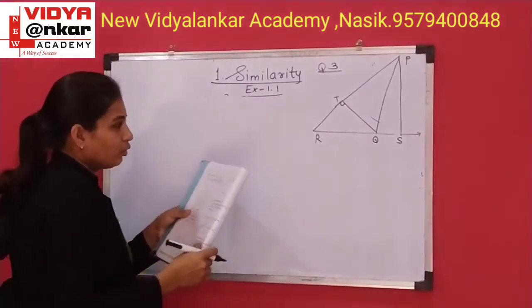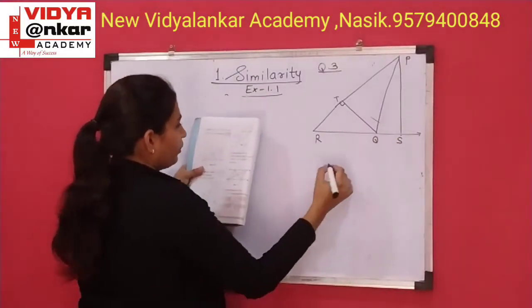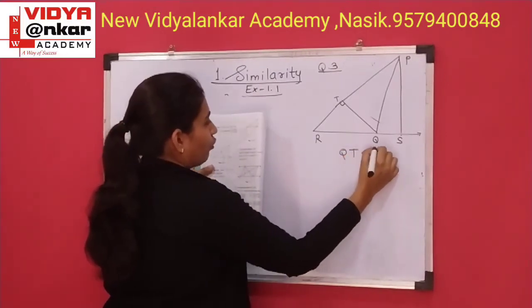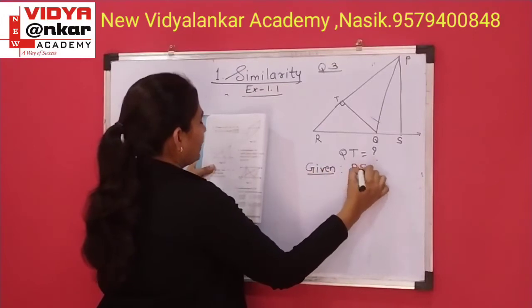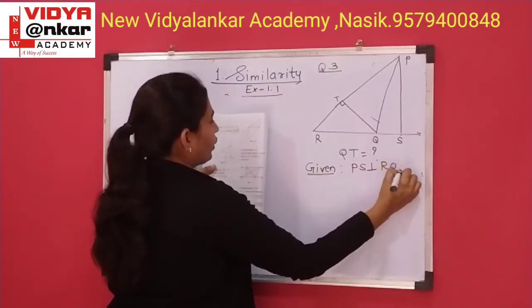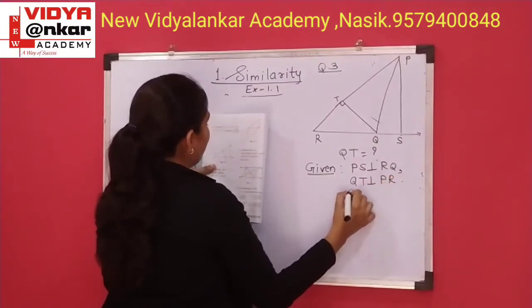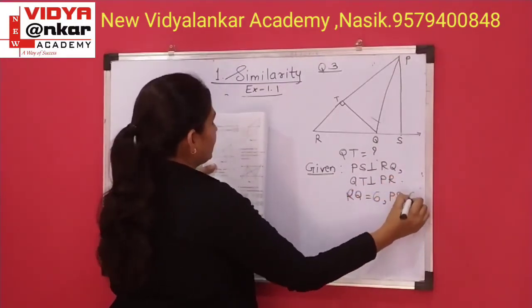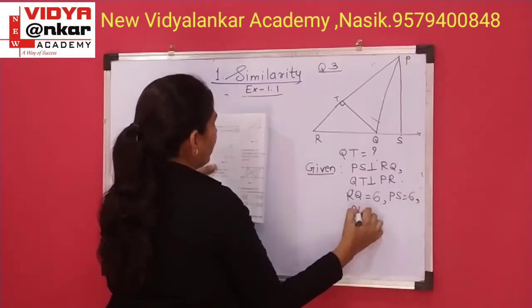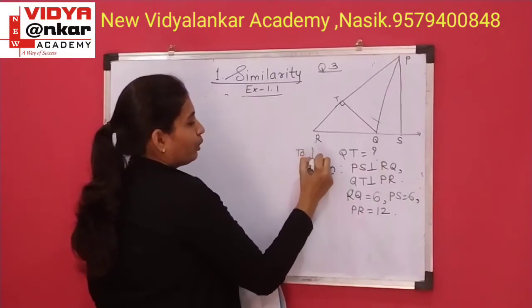Okay. Now the figure is like that and we have to find the length of QT. We are given that PS is perpendicular to RQ, QT is perpendicular to PR, RQ is equal to 6, PS is equal to 6, PR is equal to 12, and we have to find QT.